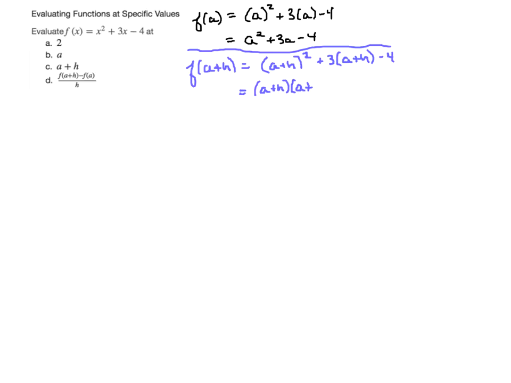It is a plus h times a plus h. There's an entire middle term there that you have to get. It's an ah term. This 3 is going to distribute. So plus 3a plus 3h minus 4.